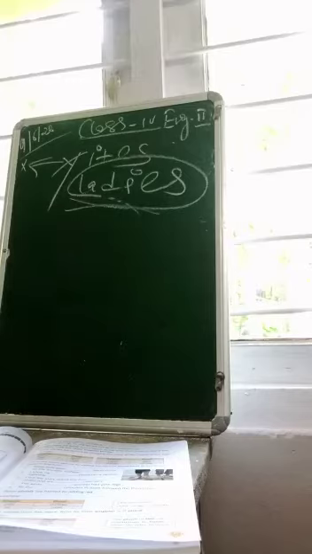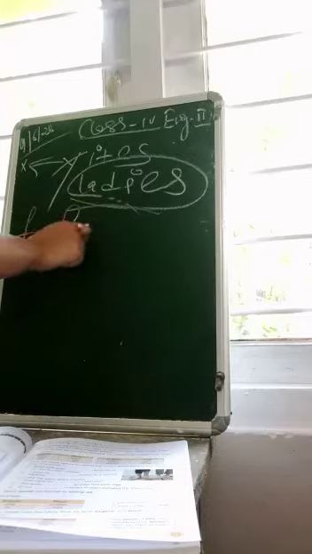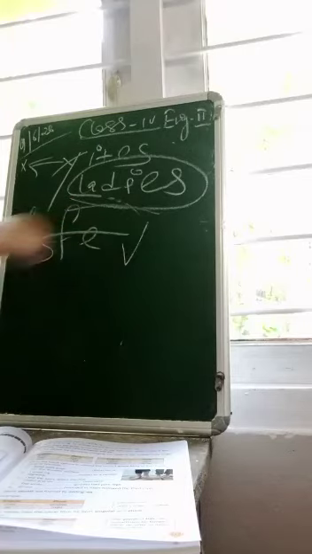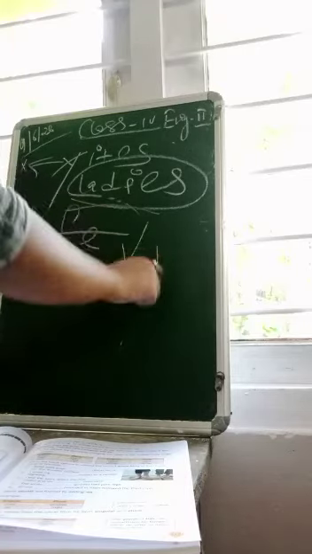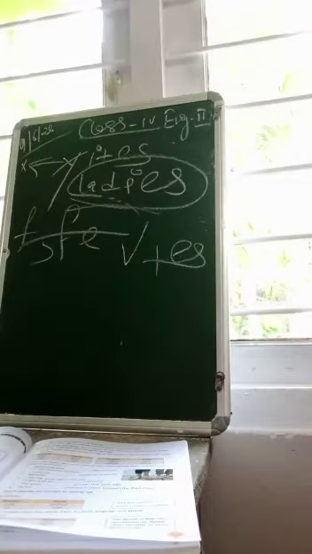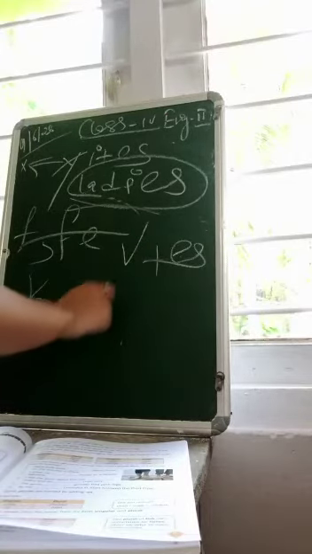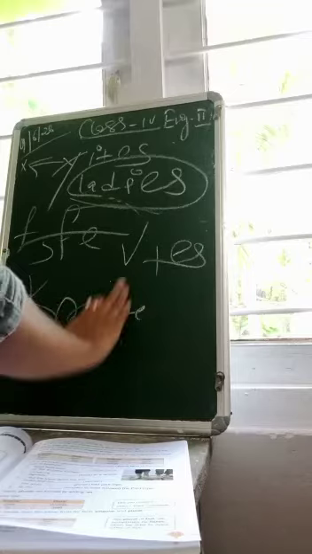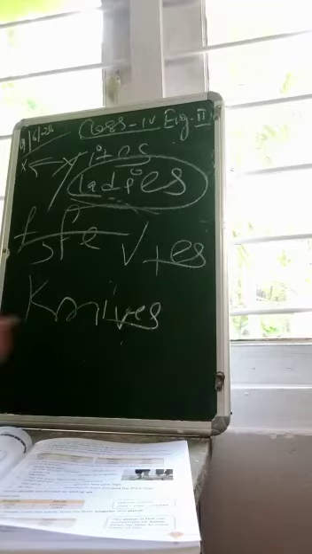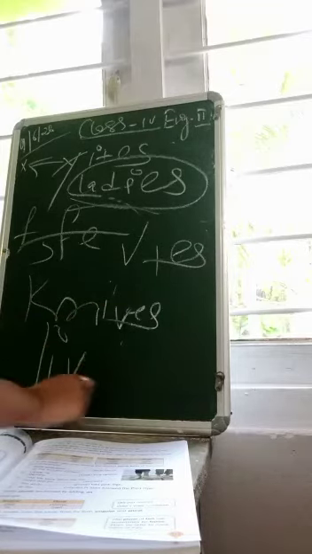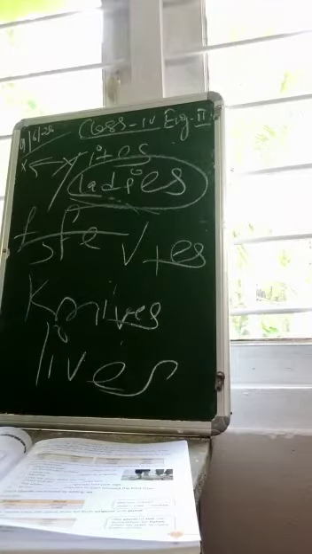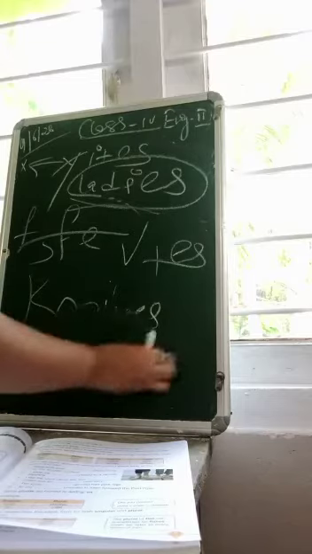Similarly, there are certain words where if the last letter is f or fe, then it becomes v, and with that we add es to make it plural. Suppose knives, then lives, life becomes lives, right? Leaf becomes leaves.